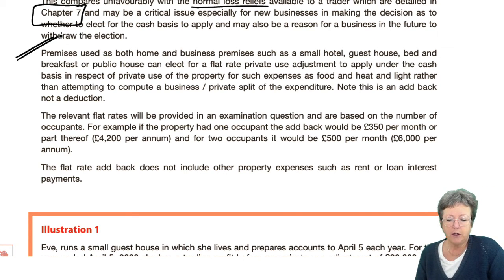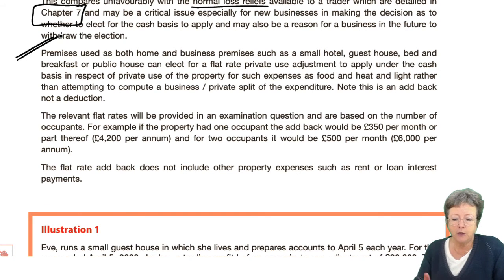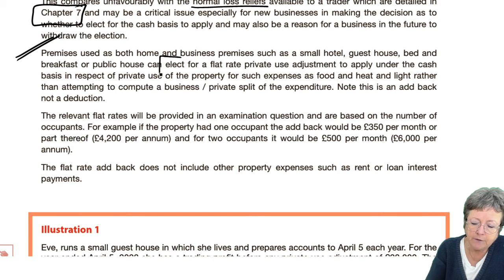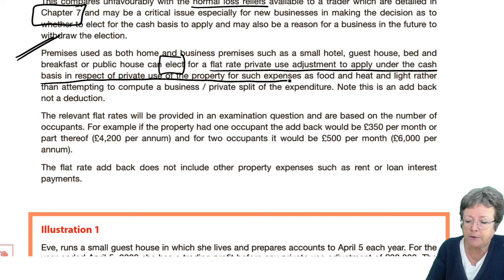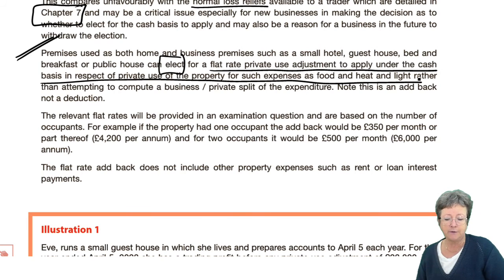So where you have premises that use both home and business premises, small hotel, bed and breakfast, for example, you can choose, and again it's an election, for a flat rate private use adjustment to apply in respect to the private use of the property for expenses such as heat, food and light. Okay.